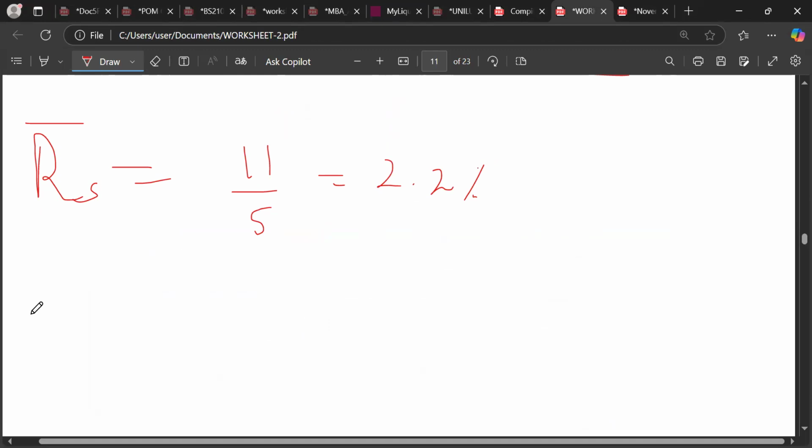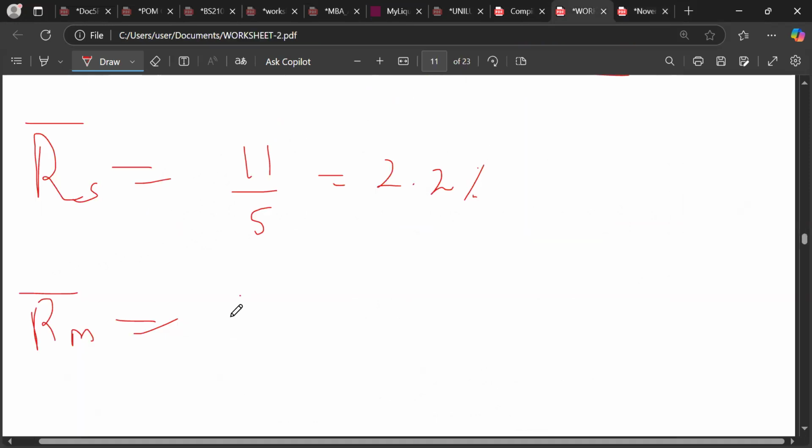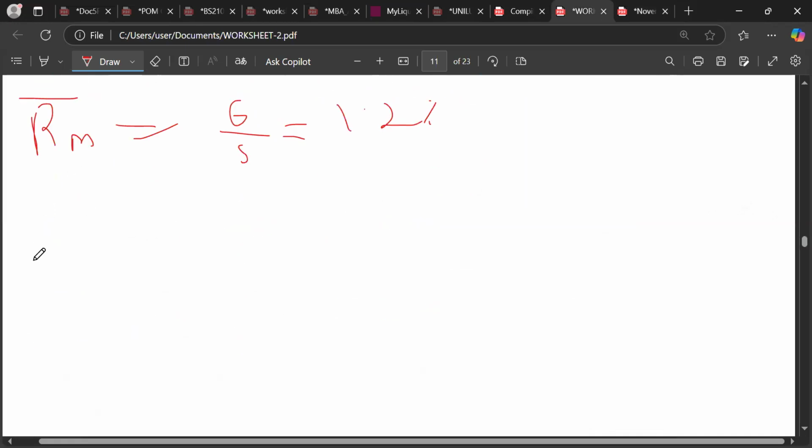Now, let's find the average return for the market proxy, RM bar, with the same procedure. I'm going to add 8 plus 14 minus 10 minus 18 plus 12. We're getting 6 over 5, giving us a market average return of 1.2%.